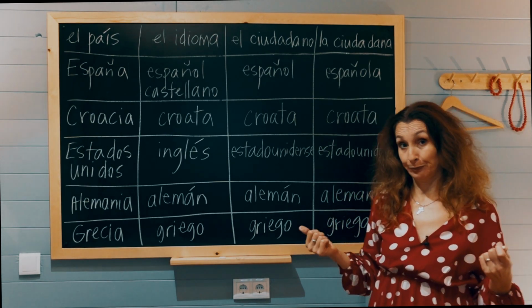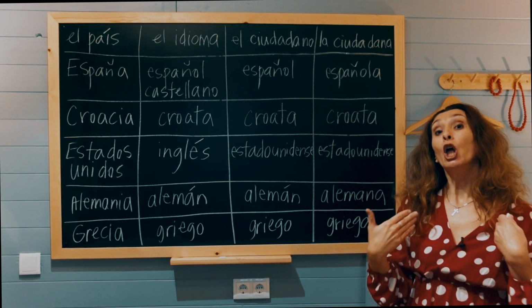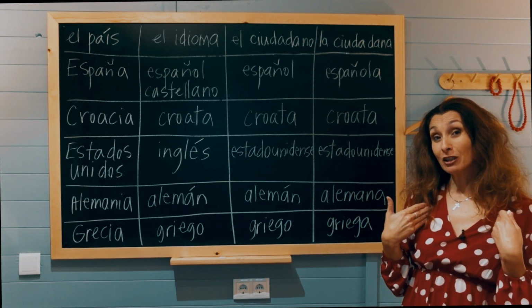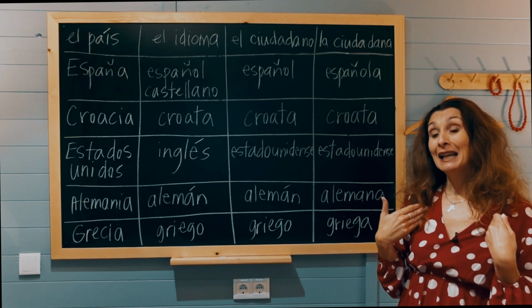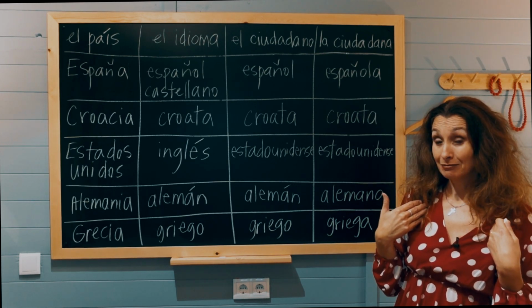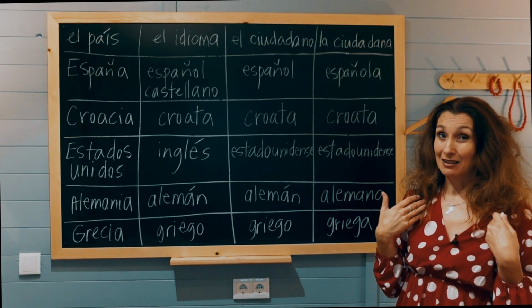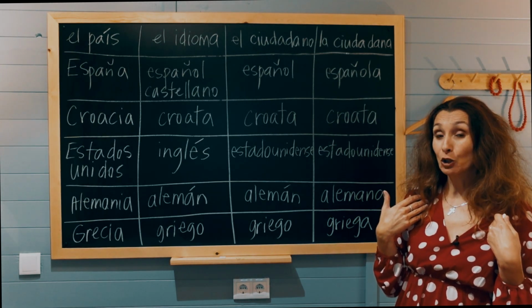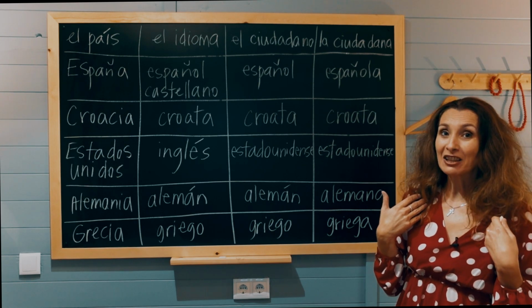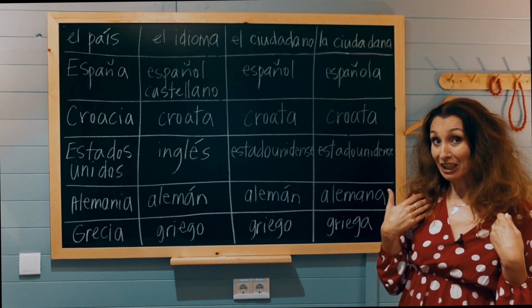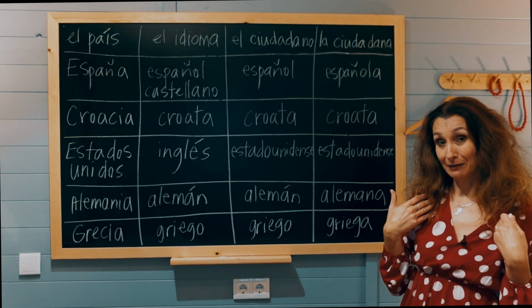Por ejemplo, yo soy croata y mi marido, my husband, es inglés. Mi marido es inglés o mi marido es británico, from Great Britain, okay?